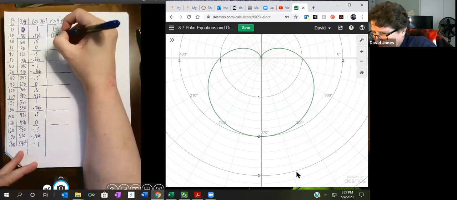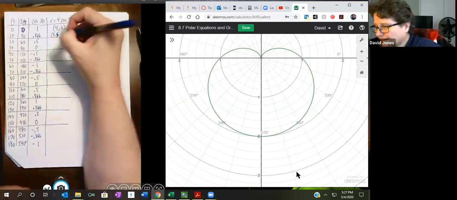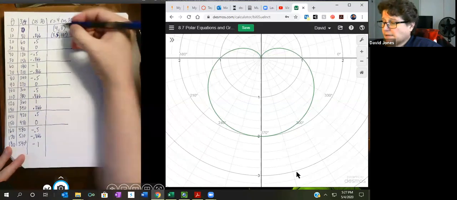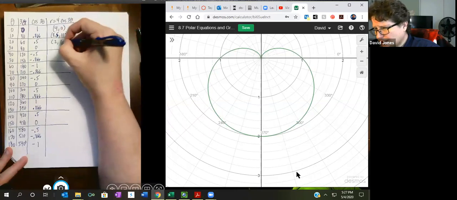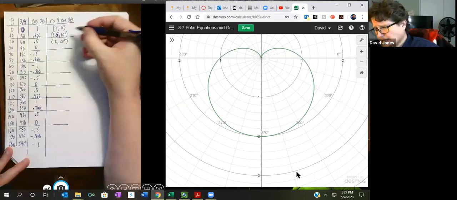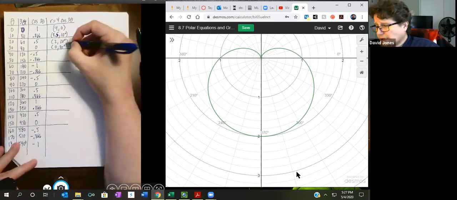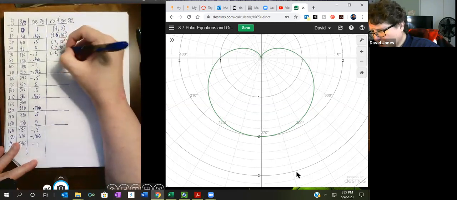It's about 3.5. That's at the 10 degree mark. 4 times that is 2, and that's at 20 degrees. 0 at 30 degrees. -2 at 40 degrees.